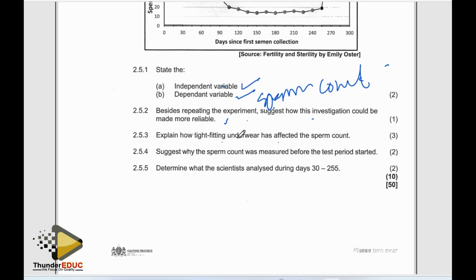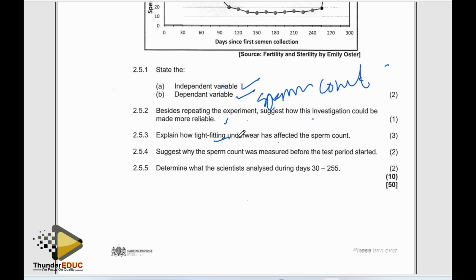So what does it mean? We can say that by elevating the scrotal temperature, impacting on the blood flow to the testis, hence low sperm count, or low sperm production.